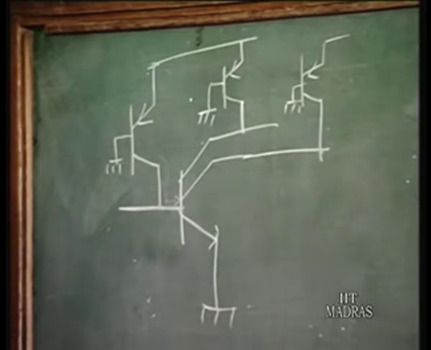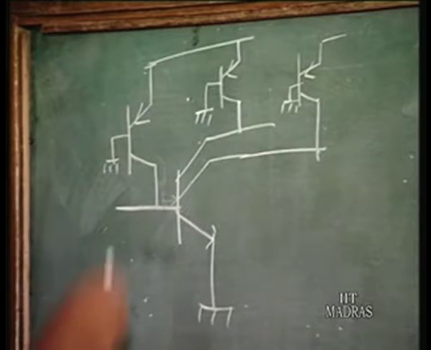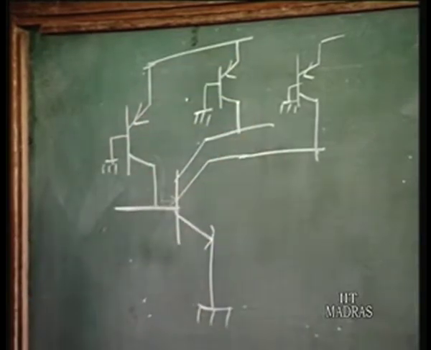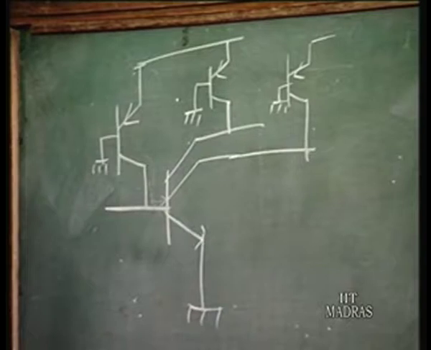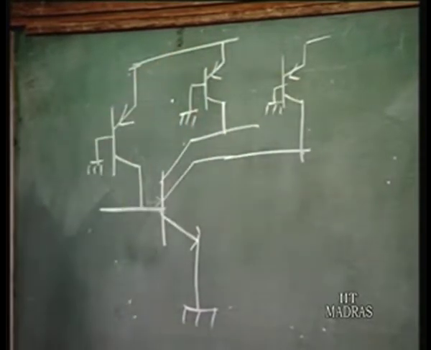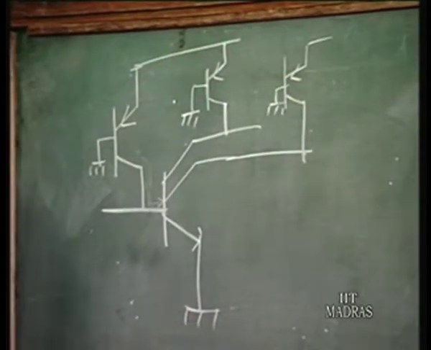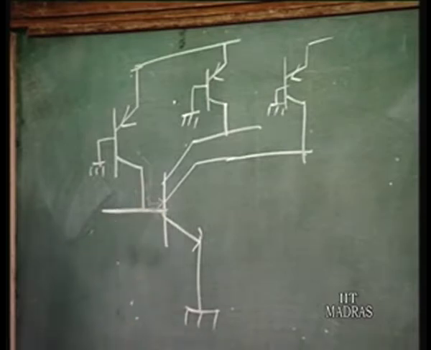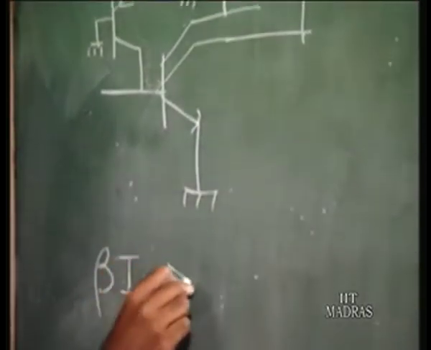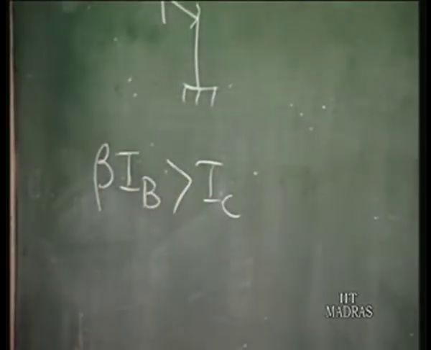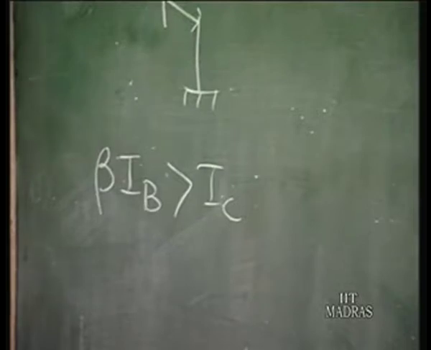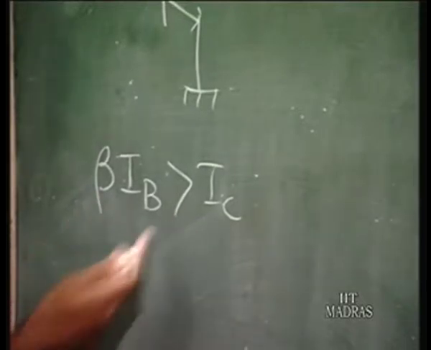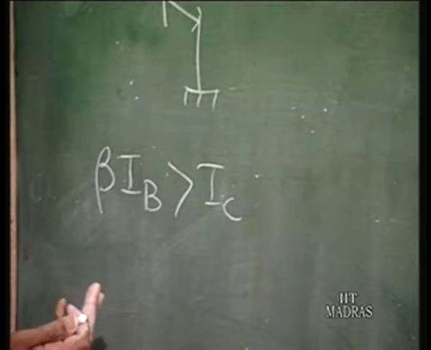Now, if you assume very simplistically that all these current sources are the same, this is I naught, this is I naught, this is I naught. The condition for saturation is that beta times IB must be greater than IC. If this condition is satisfied, then the transistor goes to saturation.